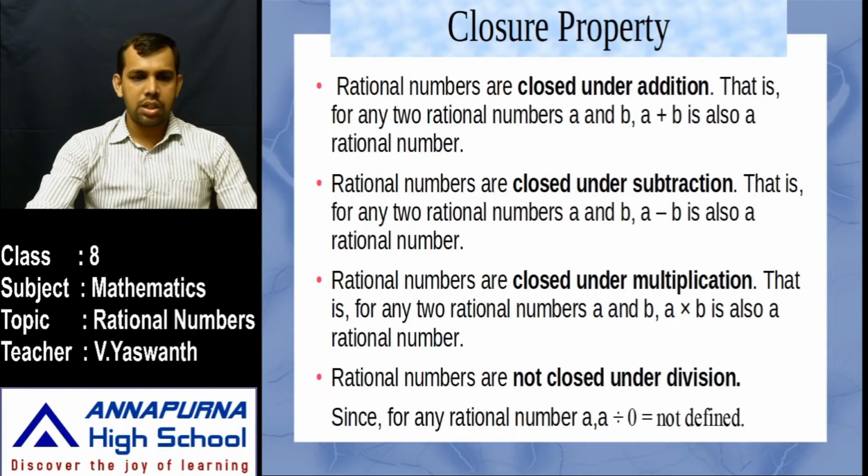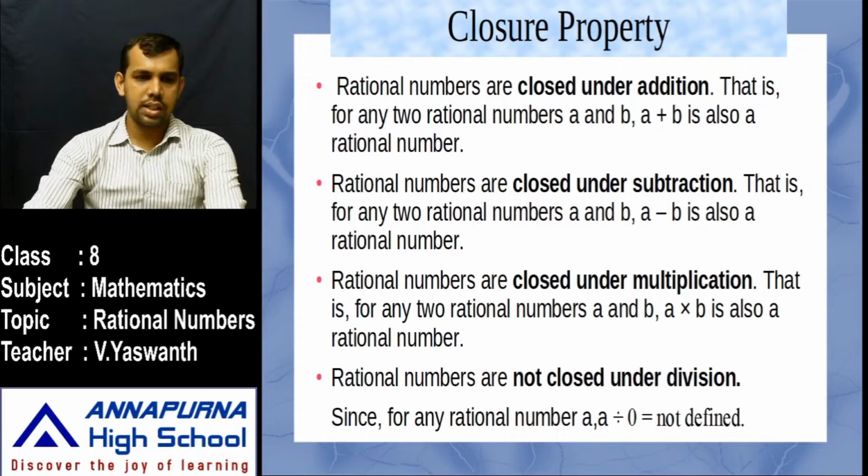So that's why rational numbers are not closed under division, since for any rational number a, a divided by 0 is not defined. Not only for a rational number, when you divide any number by 0, the result is not defined.